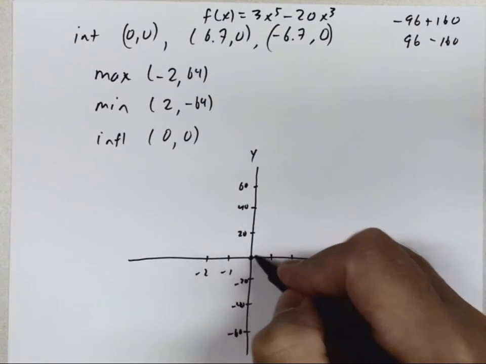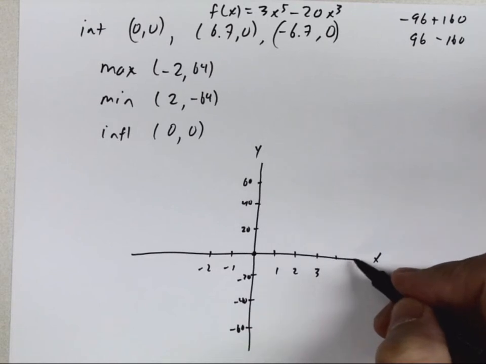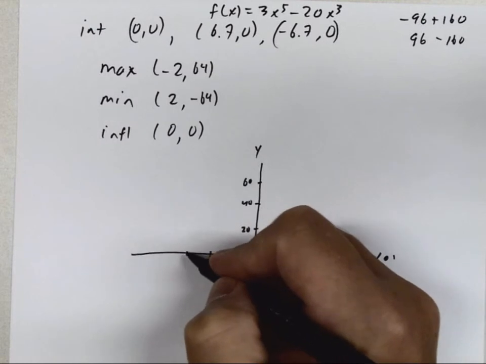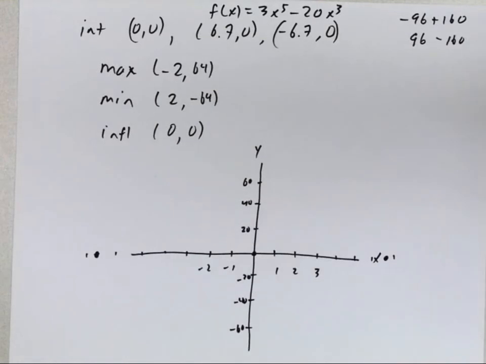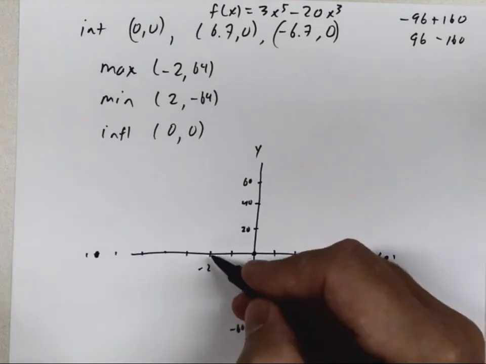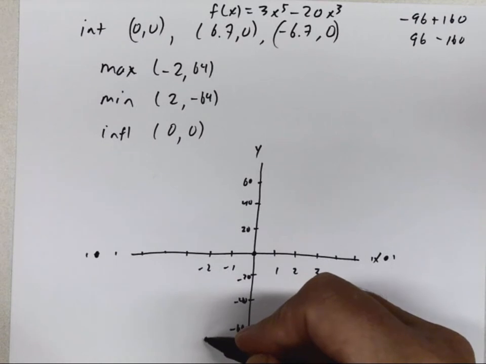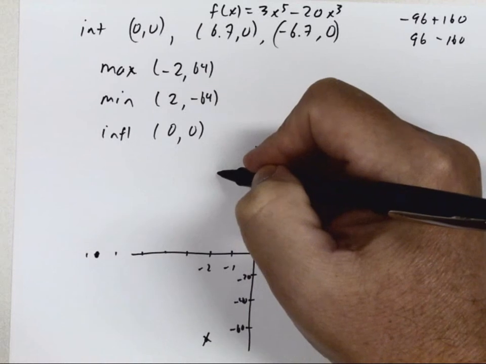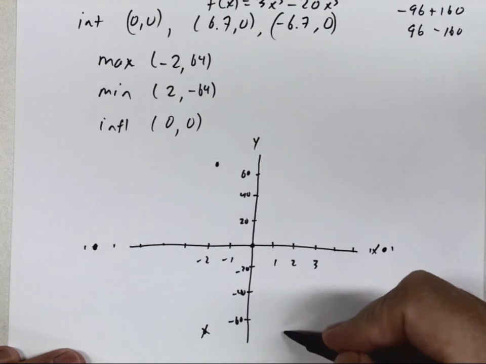Intercept, first of all, here, 6.7, 4, 5, 6, maybe right here, and negative 3, negative 4, negative 5, negative 6, negative 7, maybe right there. Maximum, 64, sorry. Minimum 2, negative 64.